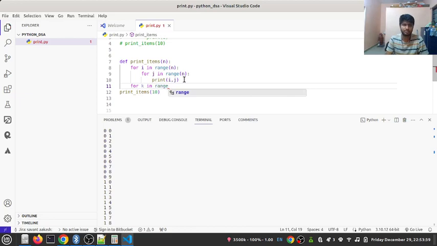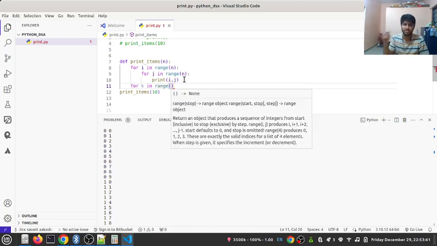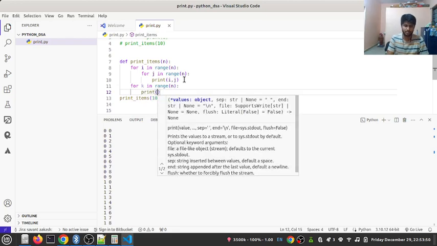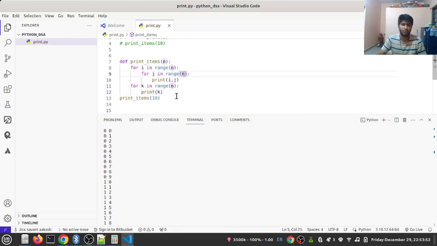range, if I'm adding some constant factor here, if I'm printing the k value here, then this will be, as we know, big O of n square, and what is this particular thing? Big O of n, right?